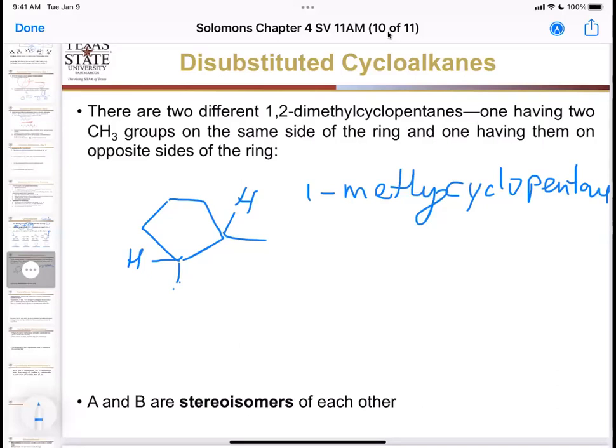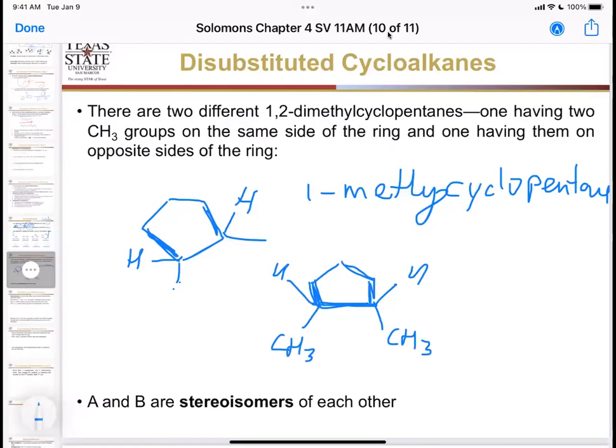Well, let me redraw this same one, where the unsubstituted side is going back away from us. These 2 bonds are coming toward us, and we're going to have a hydrogen up and a methyl group down, and a hydrogen up and a methyl group down.